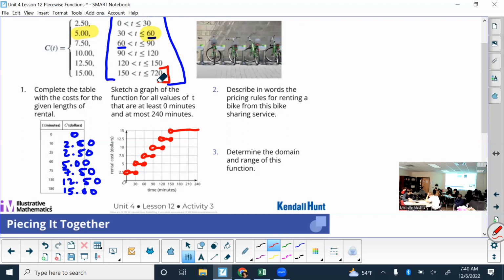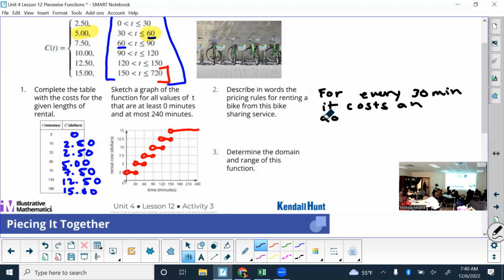So for every 30 minutes, if you guys want to write that down. And let's see. I would agree up until the very last one, but for every 30 minutes, it costs an additional, how much?